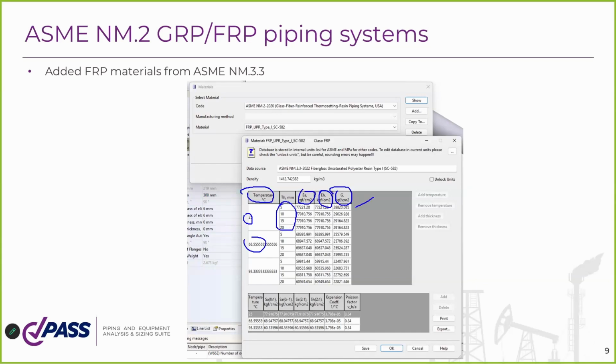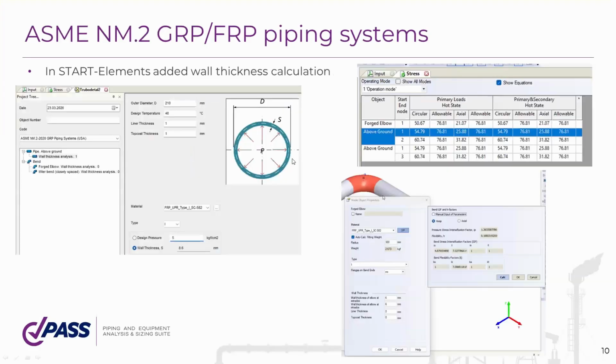So START-PROF automatically takes the wall thickness of the pipe or other elements and takes specific values of elastic modulus for this wall thickness and temperature. And of course, you can calculate the wall thickness of the pipe and wall thickness of the bends for this code, like for all other codes. Of course, it calculates stresses and calculates stress intensification and flexibility factors.